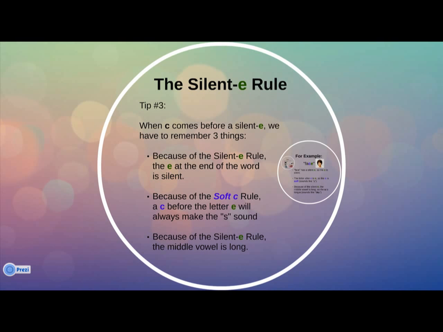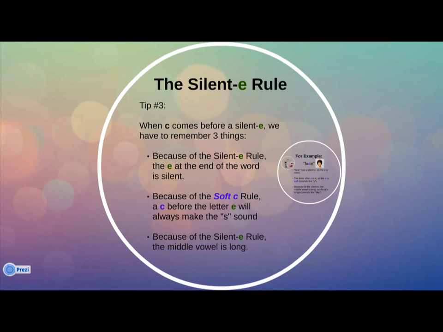The second thing to remember is that because of the soft C rule, a C before the letter E will always make the S sound, and that's what we were just talking about. When the C is followed by an E, an I, or a Y, it's always a soft C, or S. And then finally, like we've also learned when we've studied the silent E, it changes the vowel sound of the vowel before it. So it will make sure that that vowel is long.